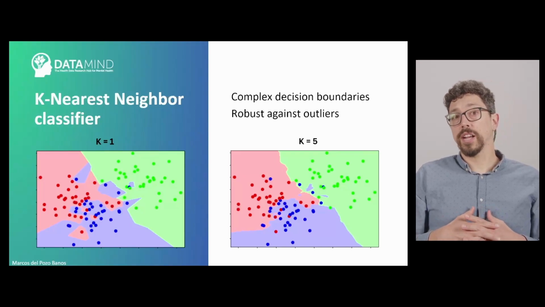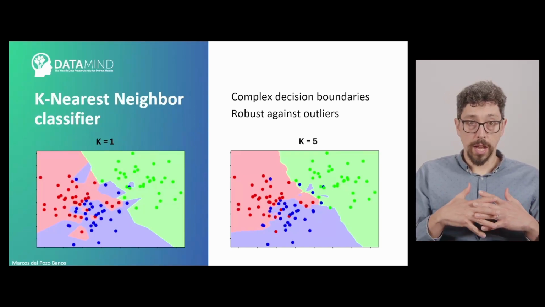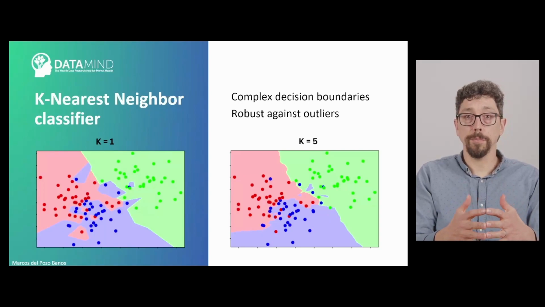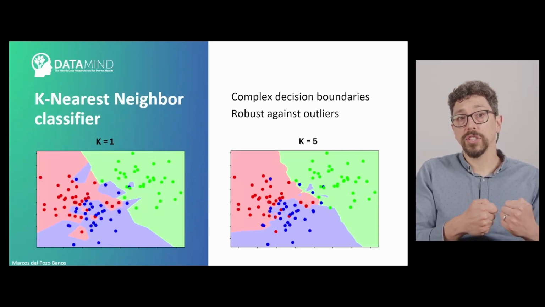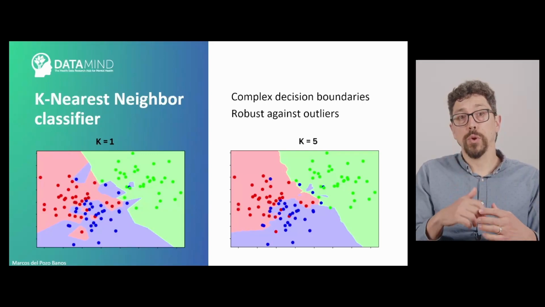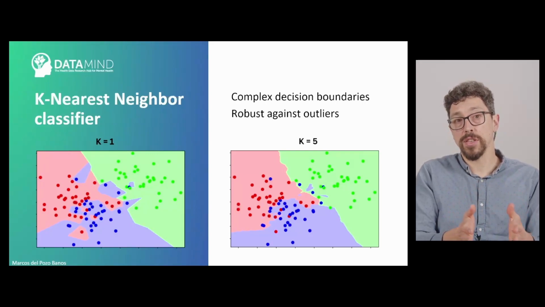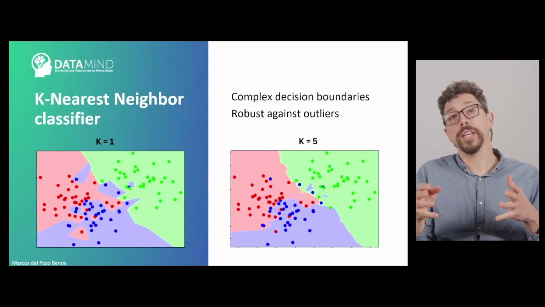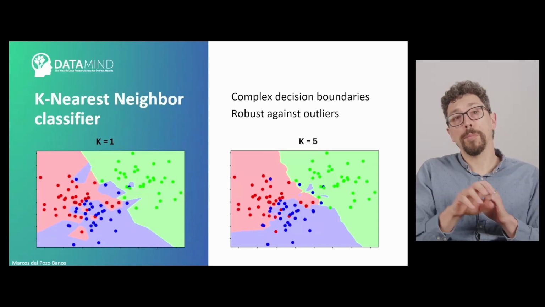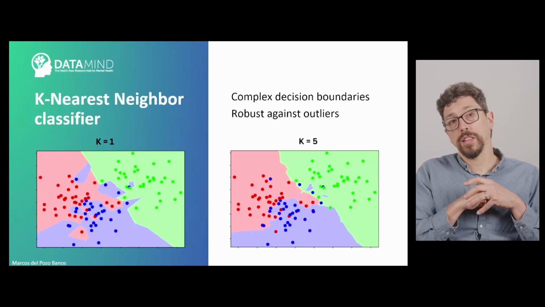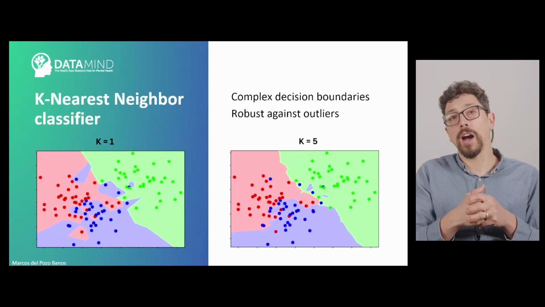KNN classifiers can build very complex decision boundaries while being robust against outliers. As we increment k in the slide there from k equals 1 to k equals 5, we see how we get rid of some isolated regions that were potentially just outliers.